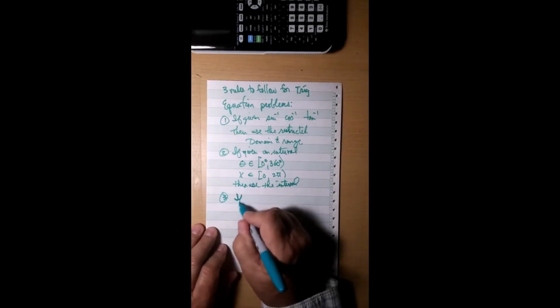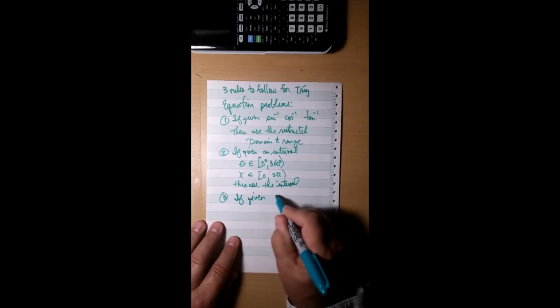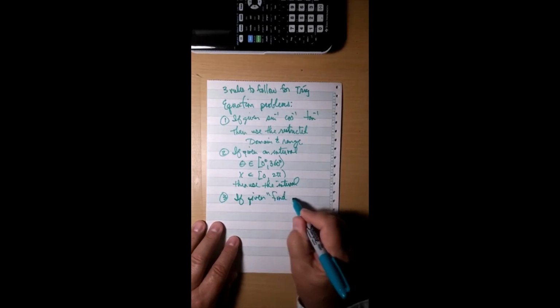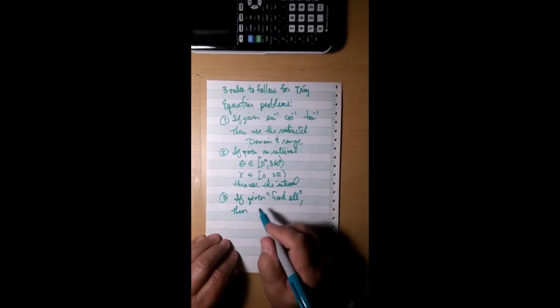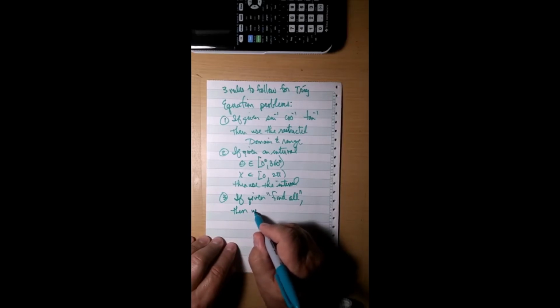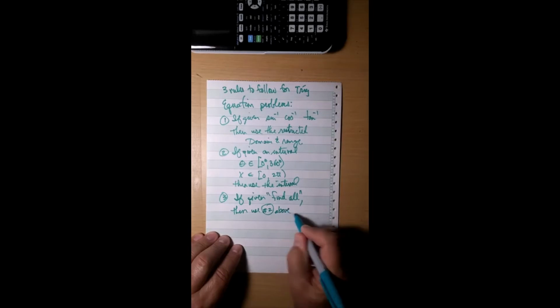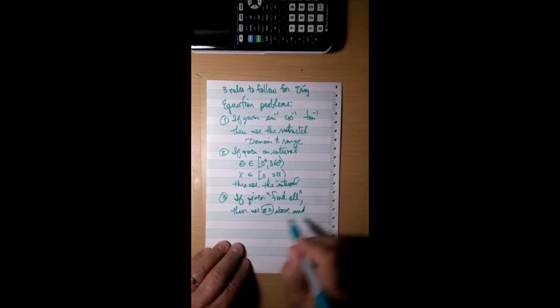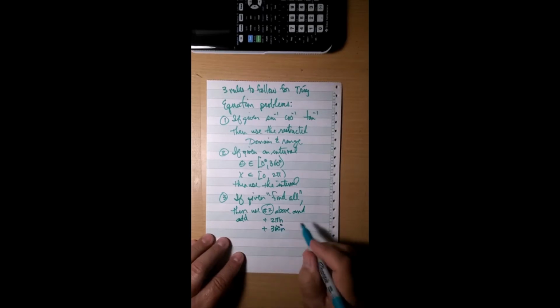And if given find all, then use number 2 above and add plus 2 pi n, or plus 360 degrees n, where n is an element of the integers.